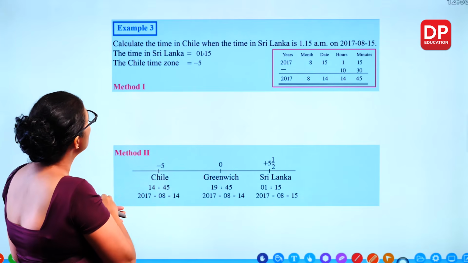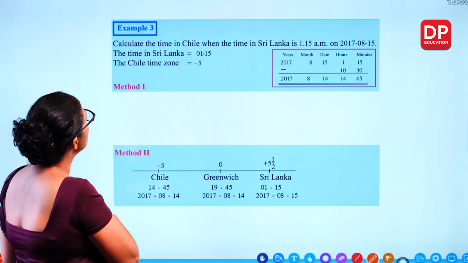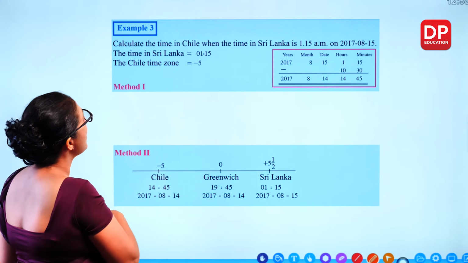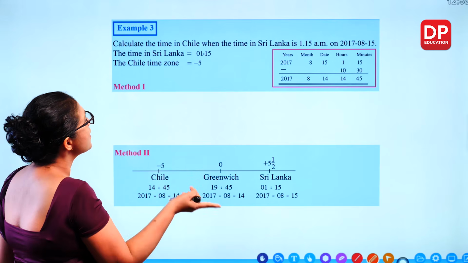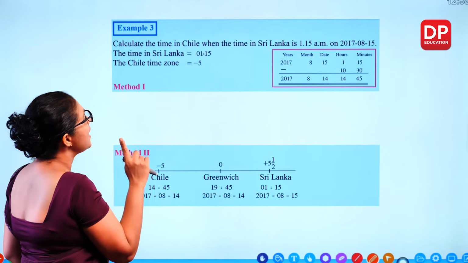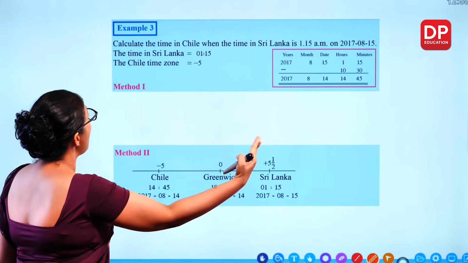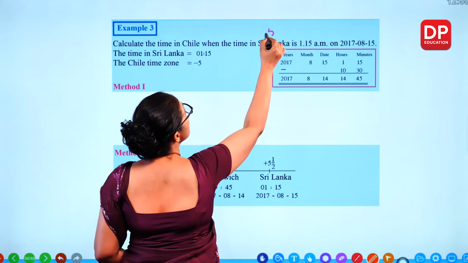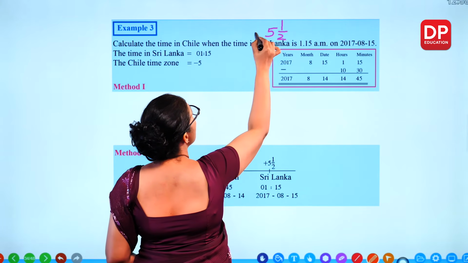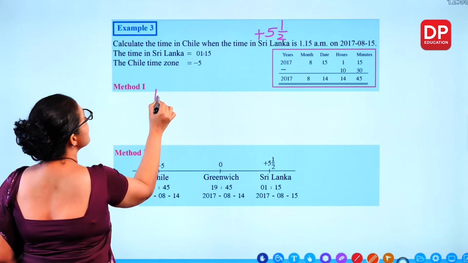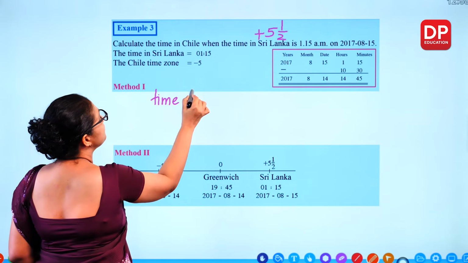So how do we do that? What's the time zone in Chile? That's -5. So what's the difference between -5 and 5.5? Sri Lankan time is plus 5.5. So time difference first you have to calculate.